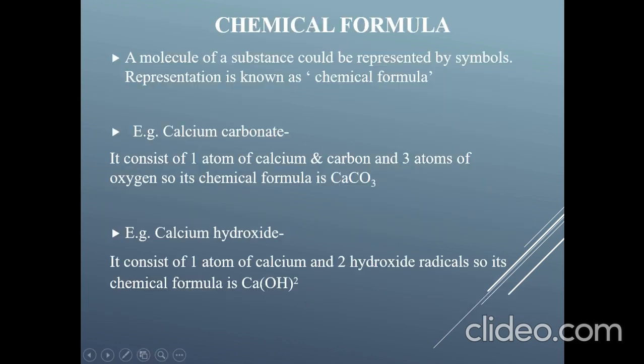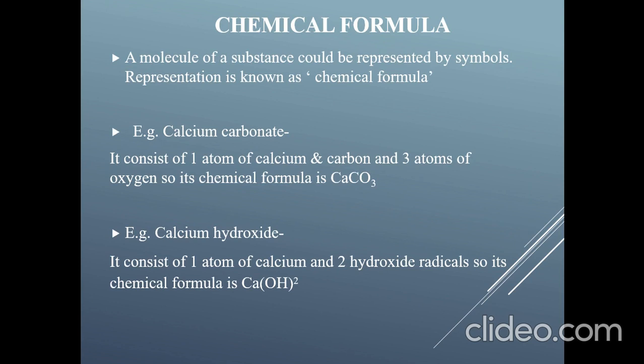You have to learn. Let us understand chemical formula. A molecule of a substance could be represented by symbols. This representation is known as chemical formula. For example, the formula of sodium is Na, potassium K, hydrogen H2, oxygen O2. Now let us consider the example of calcium carbonate.